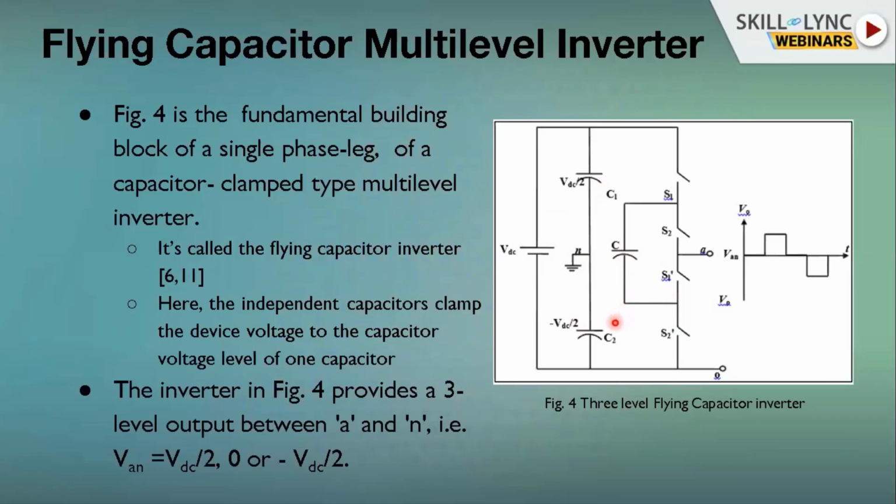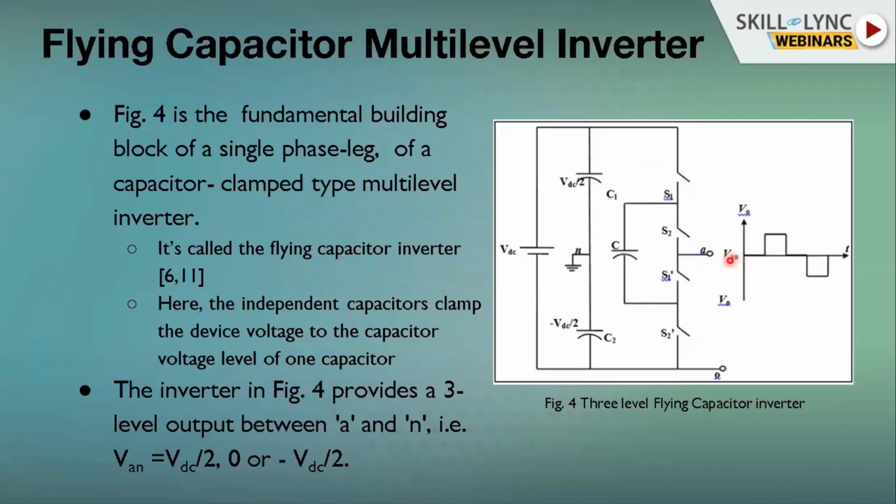Here the independent capacitors clamp the DC voltage to the capacitor voltage level of one of the capacitors. Again, 3-level output. If you have, say, S1 and S2 on, you can be at VDC by 2. If you have the bottom 2 on, you can be at minus VDC by 2.